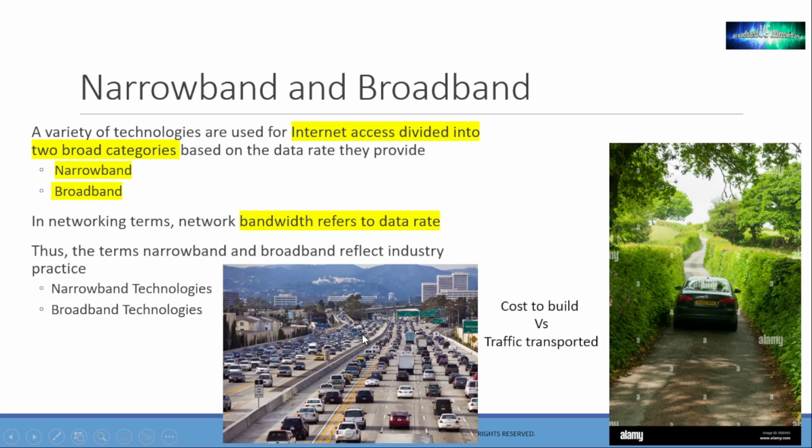We need broadband in big cities. Out in the country, where there might be a road that only a car goes down a few times a day, we don't need five lanes of highway out there. It's ridiculous. The cost to build that is not needed. So you just need a single lane. So whether we use narrowband or broadband really depends on the need and where you're trying to get the information to.